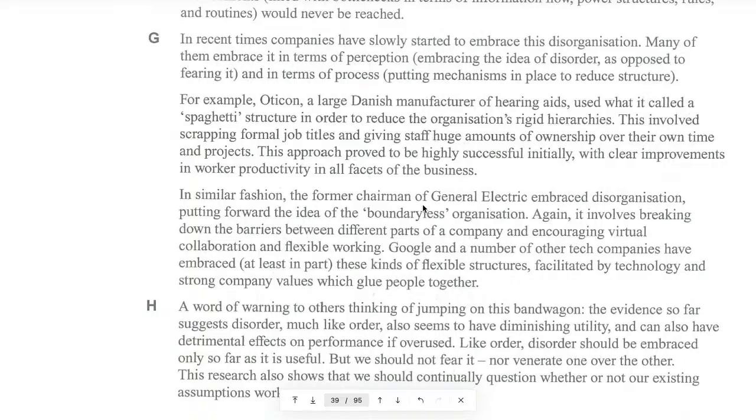For Oticon, they are using what is called a spaghetti structure. And then the other one, like in General Electric, they use something like boundaryless organization, and Google and a number of others. Okay, they just give some examples of some organizations. All right. So the new approach they are talking about here is disorganization. Got it? All right.